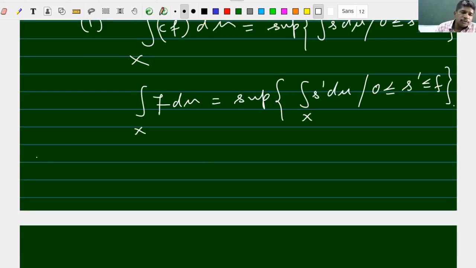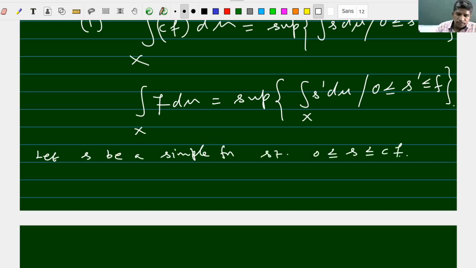So let us take s to be a simple function such that 0 is less than or equal to s less than or equal to cf.